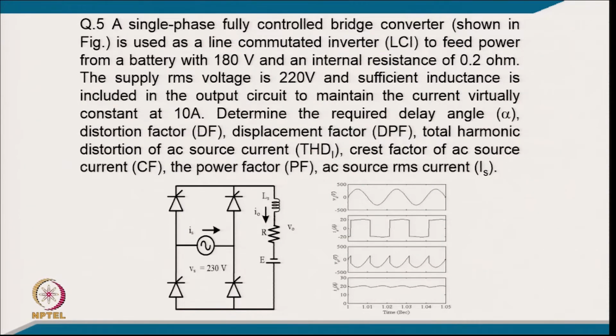So, coming to another example, a single phase example number 5, a single phase fully controlled bridge converter shown in this figure is used as a line commutated inverter to feed power from a battery with 180 volt and an internal resistance of 0.2 ohm, and supply RMS voltage is 220 volt.